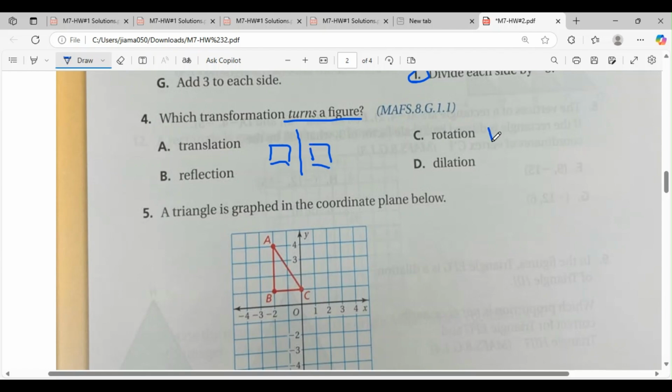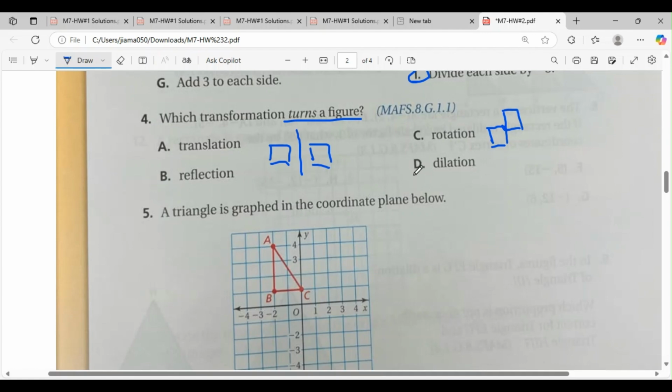Rotation. So if we rotate it based on this vertex, we can find that it has the same size.